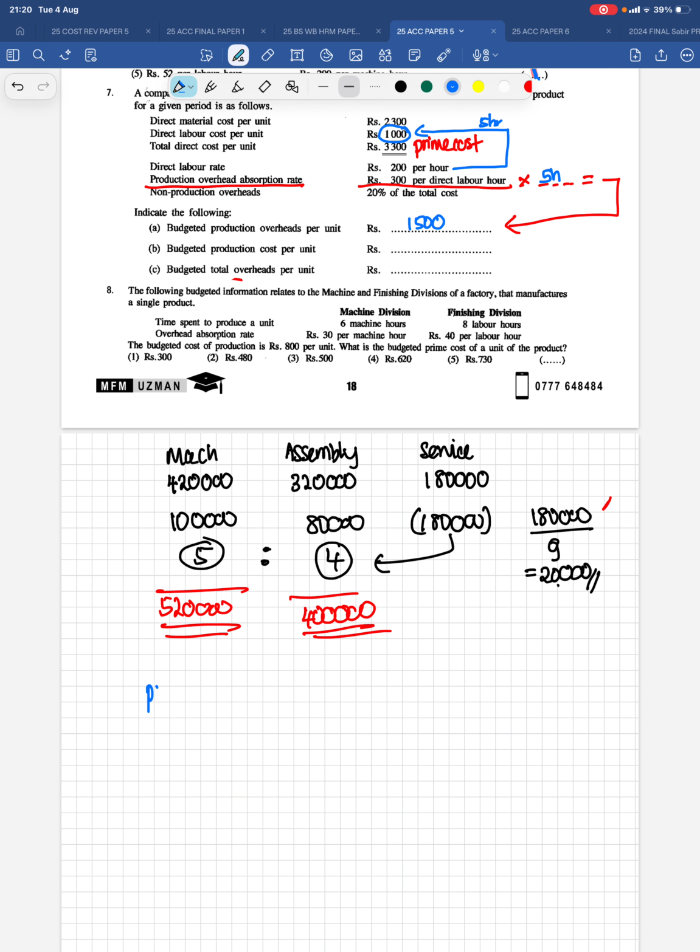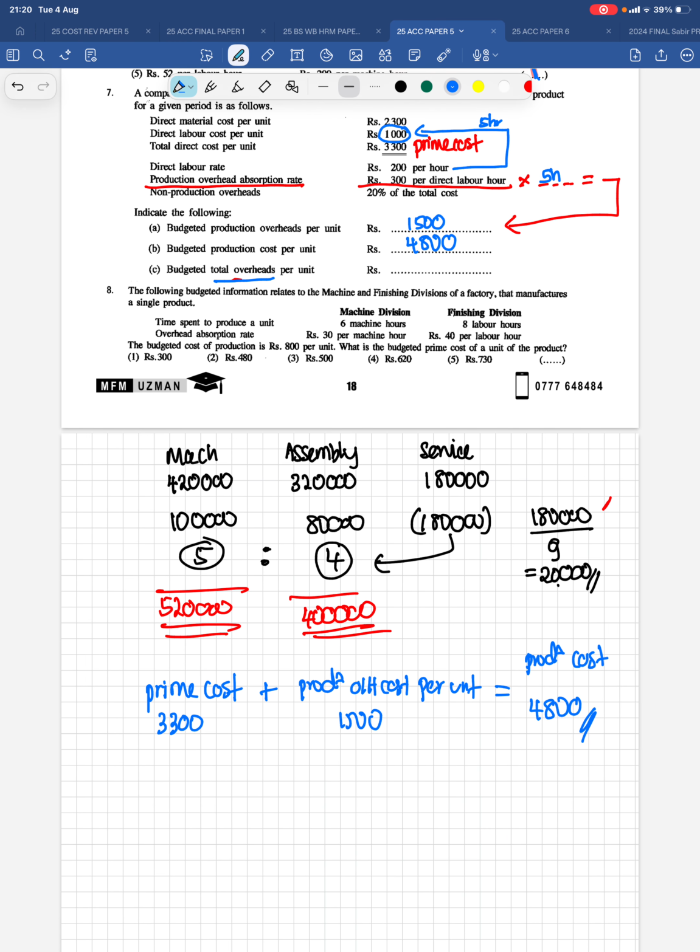So let's write down here: prime cost is 3,300 plus production overhead cost per unit, which is 1,500. So it's a direct answer, which is 4,800. This is the production cost.